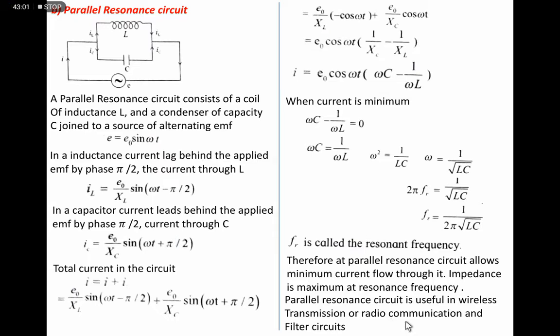In filter circuits, this parallel LC circuit is used. This is the rejector circuit. It rejects the current in the tuning circuit. So this is the parallel LC circuit, the parallel resonance circuit.